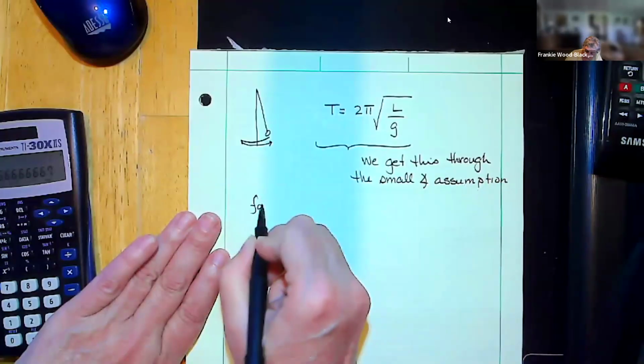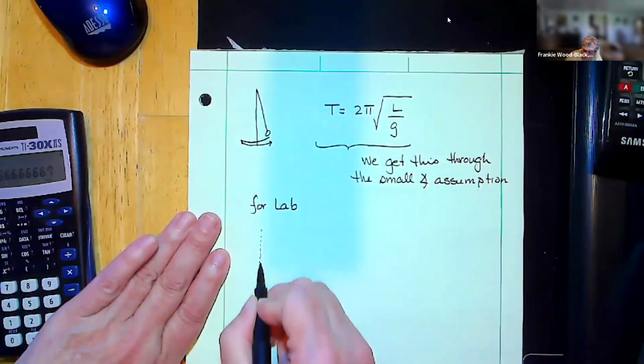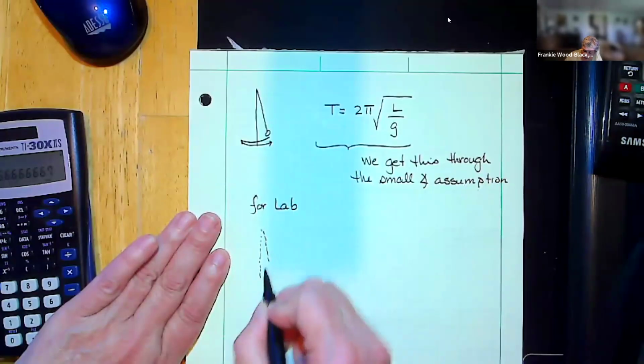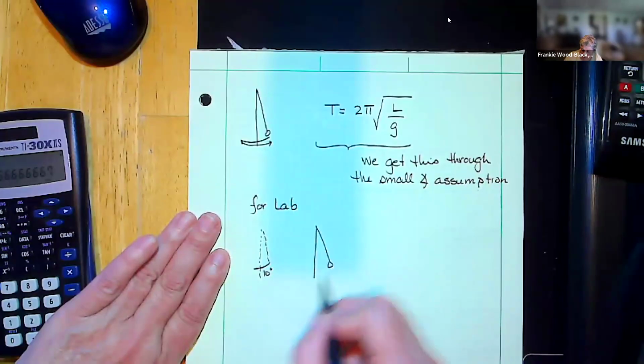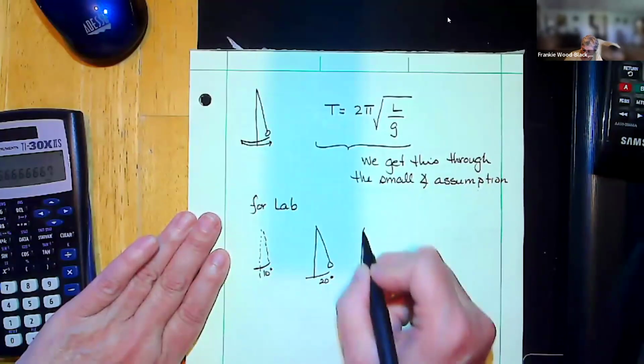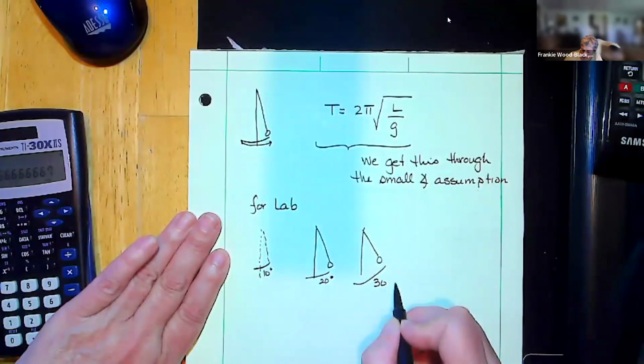So for your lab, I want you to look at when your angle is approximately 10 degrees. I want you to look at when your angle is approximately 20 degrees. And then look at what happens when your angle gets like 30 or 40 degrees.